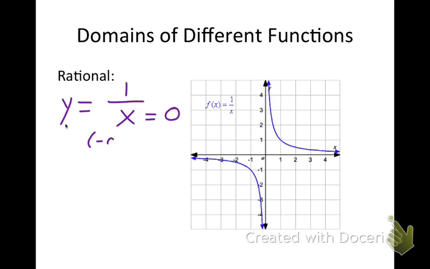So it's going to go from negative infinity to 0 with a parenthesis because it can't be 0. Now how do I get this right side? And it's going to be from 0 to positive infinity. And then what do we do in between? We're talking about the union of these two intervals. We put the little u.